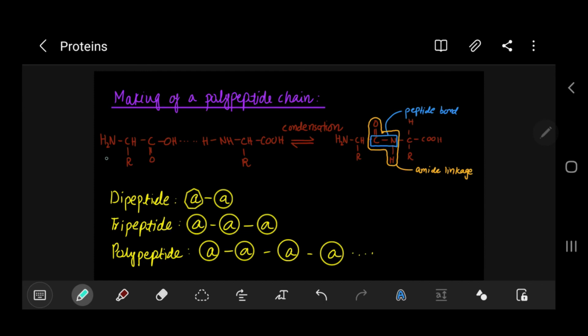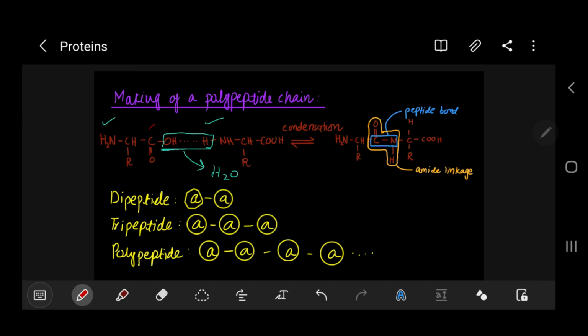If I have these two amino acid molecules here, this first one and this second one, in close proximity and in a certain alignment, we take the OH from the COOH group and the H from the NH2, and this water molecule is removed. It's a condensation reaction.